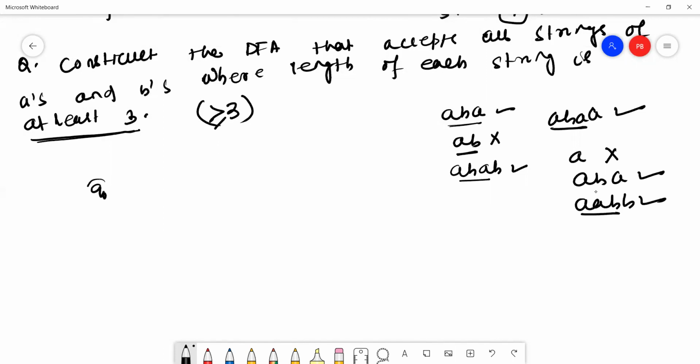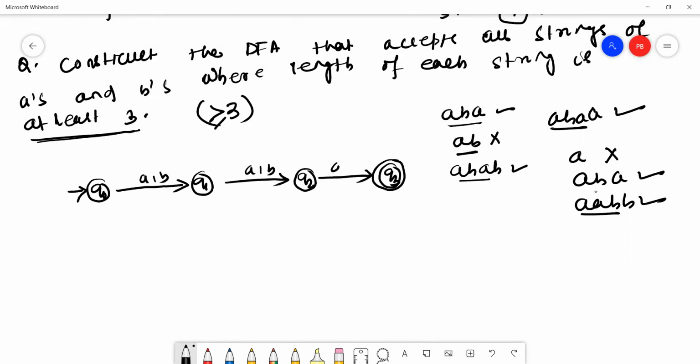Now we'll construct. This is Q0. This is Q1. This is Q2. This is Q3. A comma B, A comma B, A comma B. It is the condition for the minimum length.